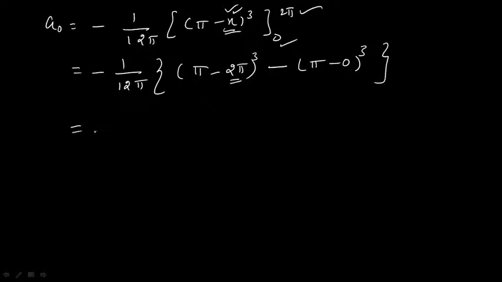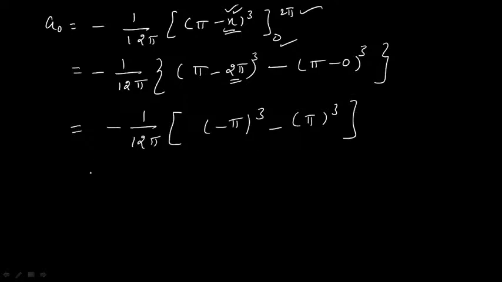So that is equal to minus 1 divided by 12 pi. So pi minus 2 pi is minus pi, cubed gives minus pi cube, and minus (pi minus 0) is minus pi itself cubed, so you get minus pi cube and minus pi cube.